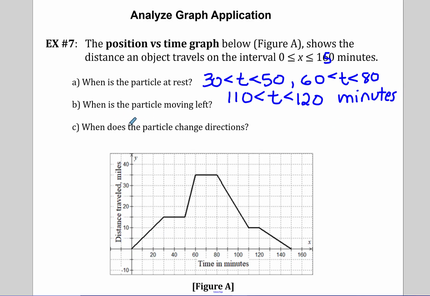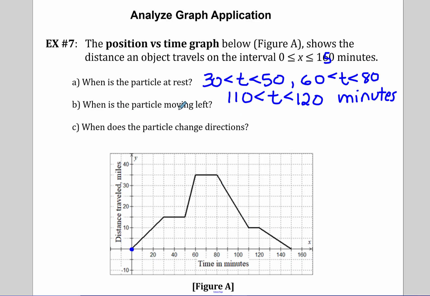Now, when is the particle moving left? So the particle, or vehicle, whatever, starts at the origin, starts at home, travels 15 miles, doesn't travel, travels another, where'd they go to? 35, up to 35 miles, doesn't travel. Now what's happening? They've reversed their position. They're going back.